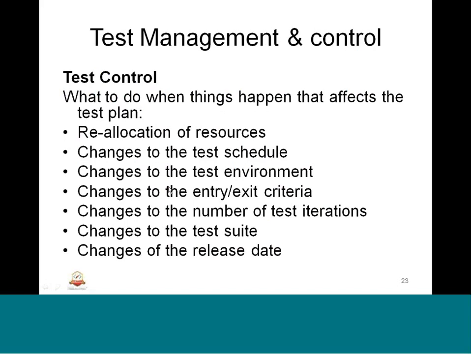We need to change the schedule. We need to change the environment. We need to redefine the entry and exit criteria and the number of iterations. We need to take care of any test suite related changes and see the effect, and the release date also we need to postpone or update.